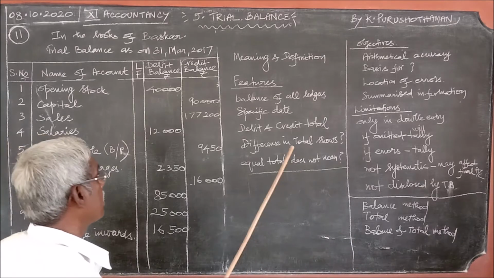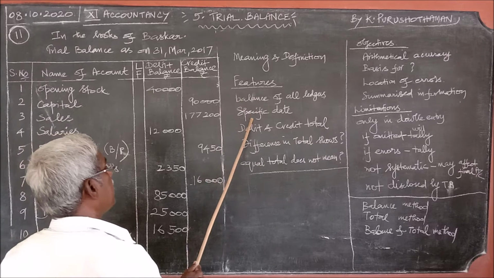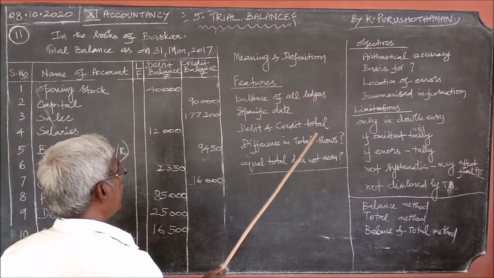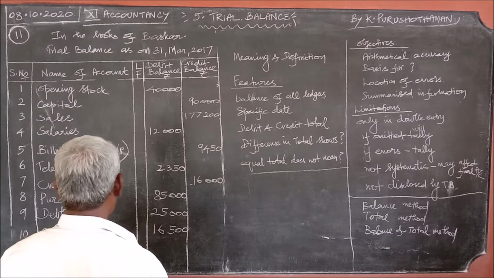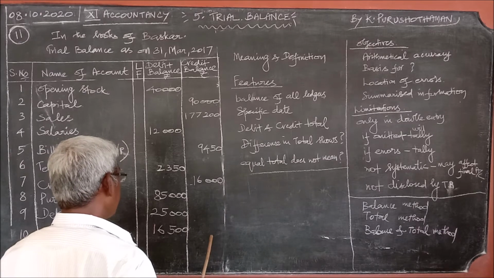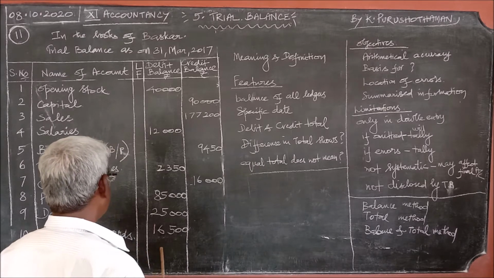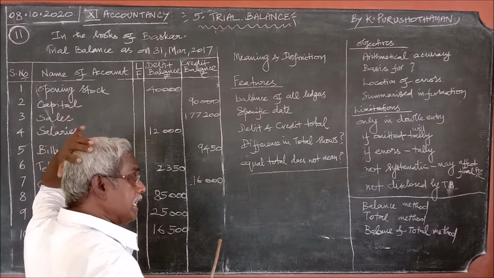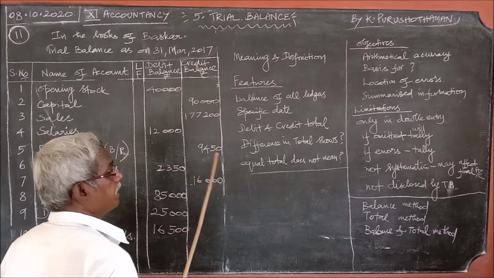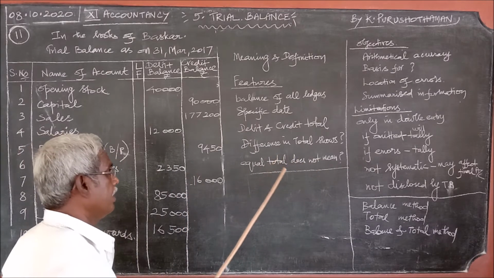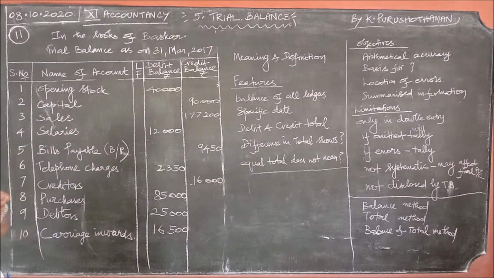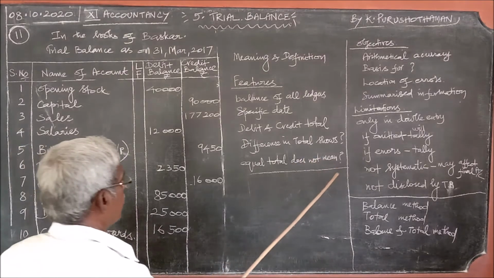You should remember that. Okay, specific date, we are finding debit and credit total. Then if there is any difference in total, it shows the suspense account, and also we can say if actually there is a difference in total, we can use suspense account. And because of our totaling mistake, if we find it, then there may be some mistakes in the preparation of journal and ledger. And what we do, we are going to see actually in limitations.